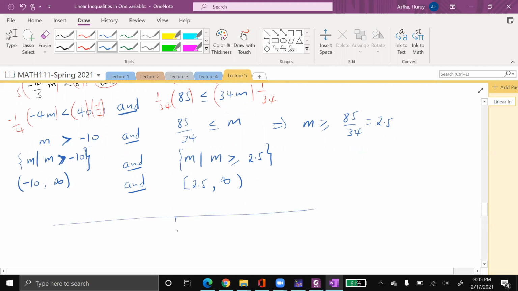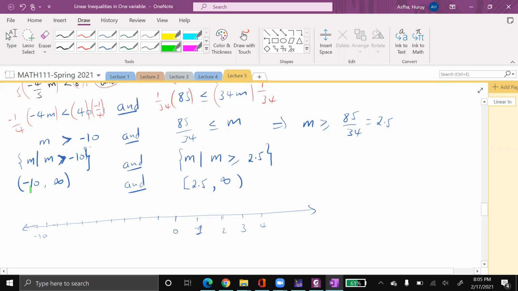So in a number line, start with 0, positive 1, 2, 3, 4. These are good enough on the positive side. And on the negative side, 2, 3, 4, 5, 6, 7, 8. So we have -10 here. Now let's use color.